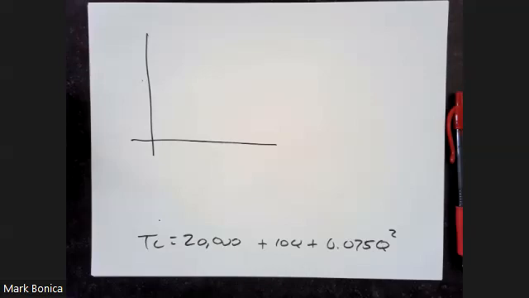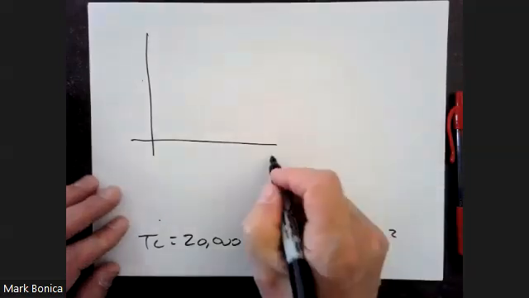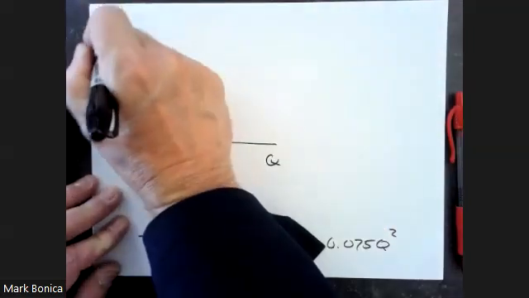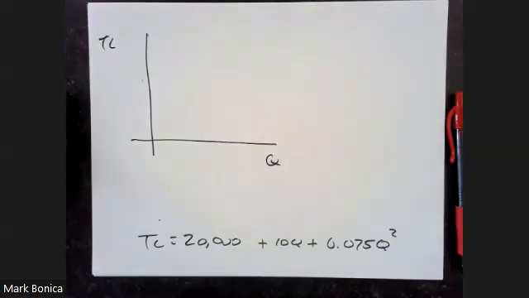But if we were to graph this at a volume of 0, at a Q of 0, what would our total cost intercept be? Molly, it's 20,000. How do you get it?